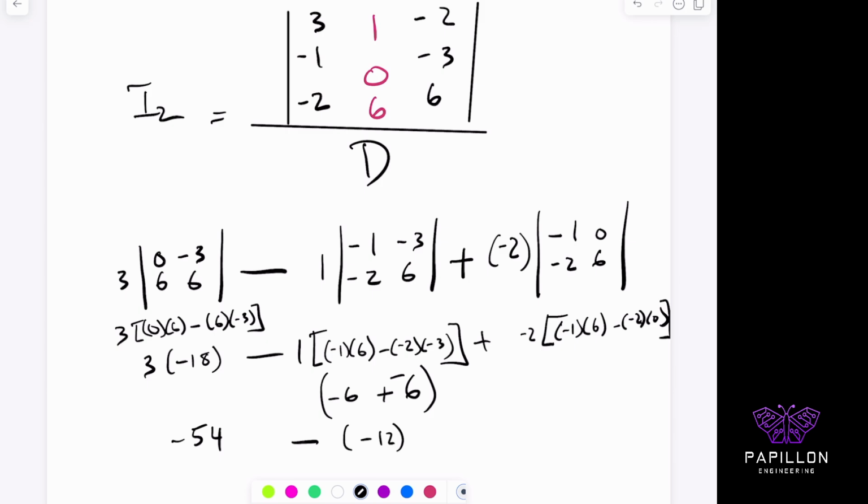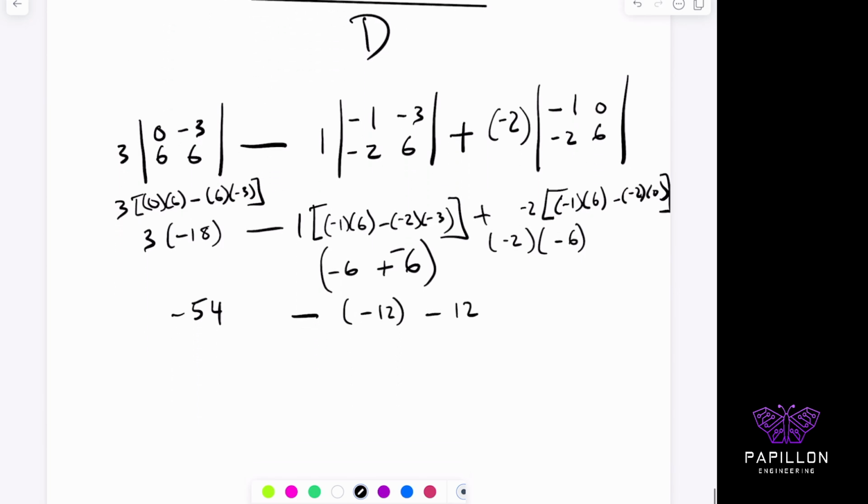Okay, and finally, the last term here, we have the minus 6 minus 0 again. So this one would be 6 times minus 2 to get back minus 12. Oh my gosh, hopefully no silly algebra mistakes again.